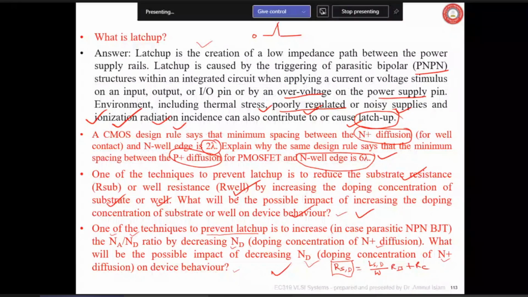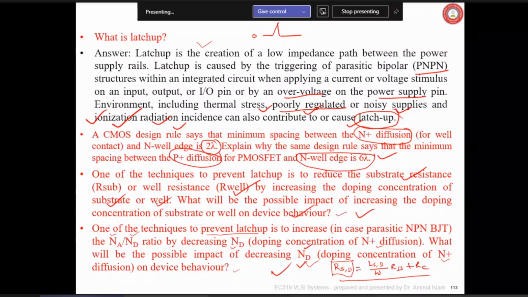One of the techniques to prevent latch up is to increase, in case of the parasitic NPN BJT, the NA to ND ratio by decreasing ND, the doping concentration of the N plus diffusion. What will be the possible impact of decreasing ND? We have discussed this. If you decrease the doping concentration ND, what will happen?